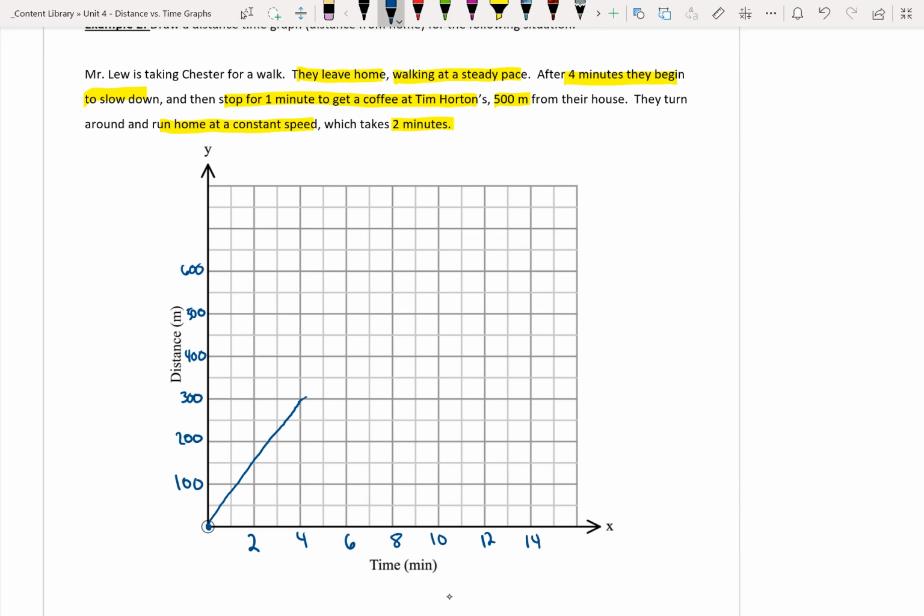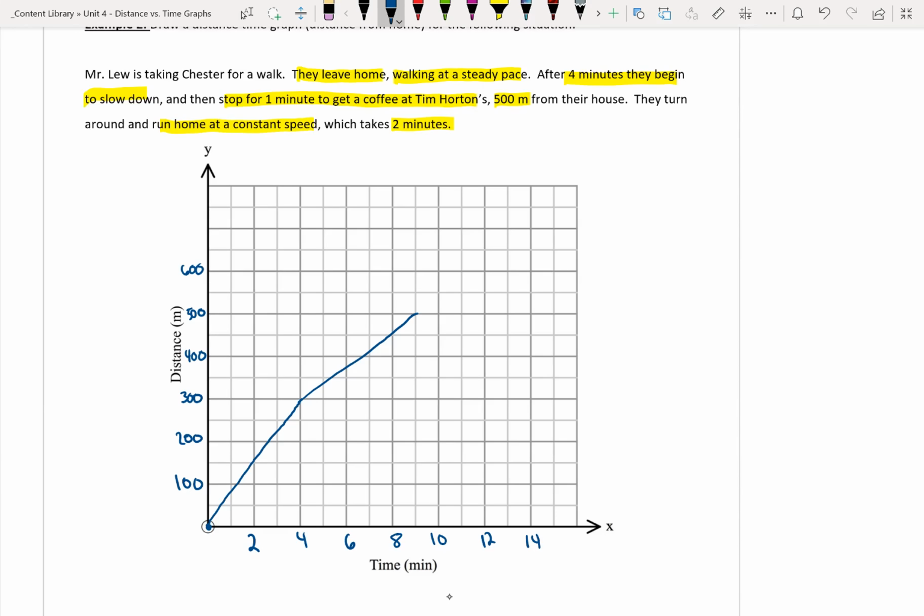So let's say it takes us 3 or 4 minutes. So because it is slowing down, actually let's make it 9 minutes. So as long as this line is less steep, it means we're slowing down.